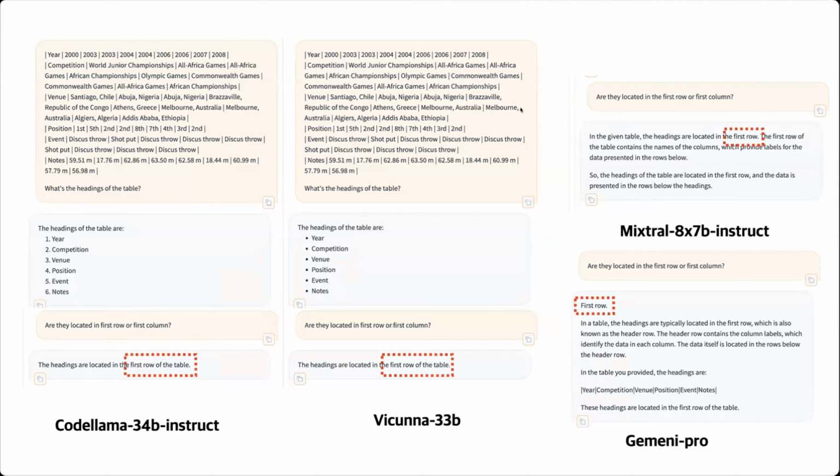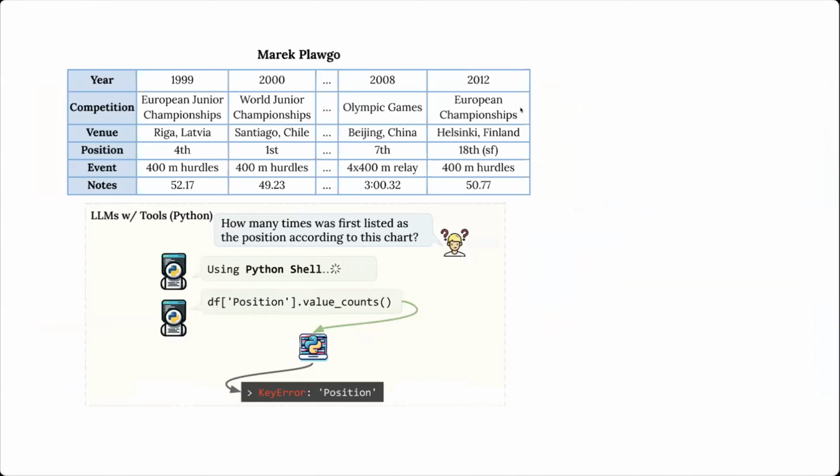So actually the headings are located in the first column. We call it a row table, but all the models here fail to identify the headings location of the table.